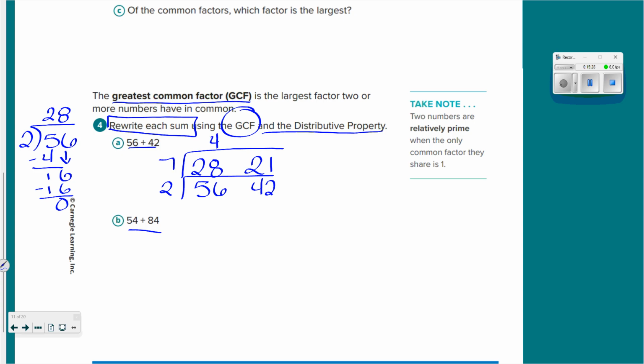All right, but that's not all of the directions. It says rewrite these sums using the GCF. So I am multiplying 14 times what to give me the same answer as 56 plus 42?